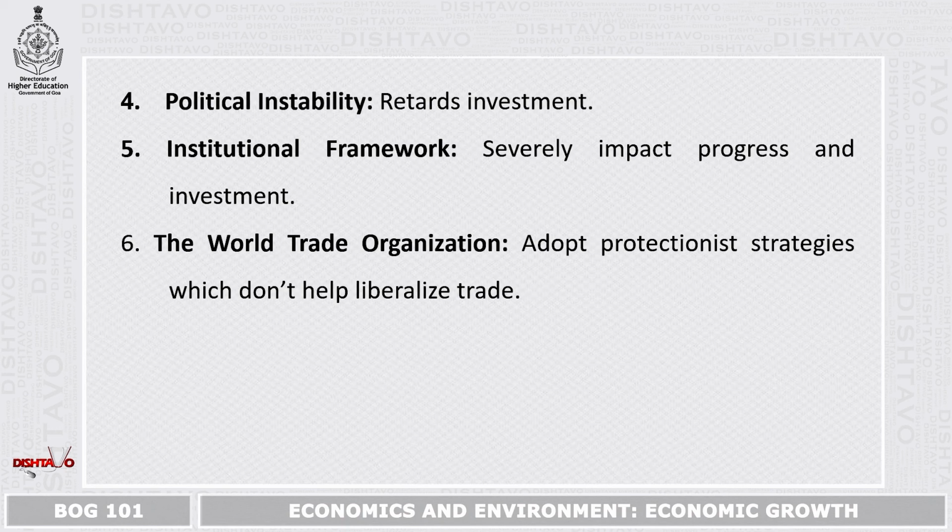Fifth, institutional framework, which also has a major impact on the progress of economic growth. And the sixth is the World Trade Organization, wherein they adopt protectionist strategies which don't help liberalized trade.